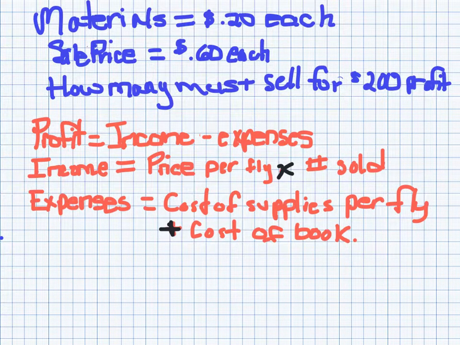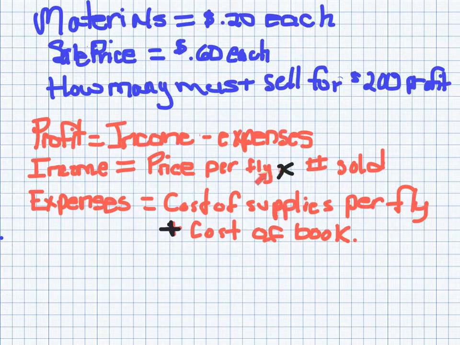And so the solution is going to be you have to figure out what profit is, what income is, and what expenses are. So profit equals income minus expenses. You take in $5 when you sell them, let's say, but it cost you $3, then your profit would be $2. Income is the price per fly times the number sold.